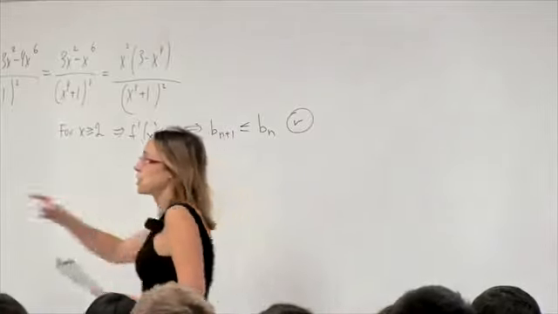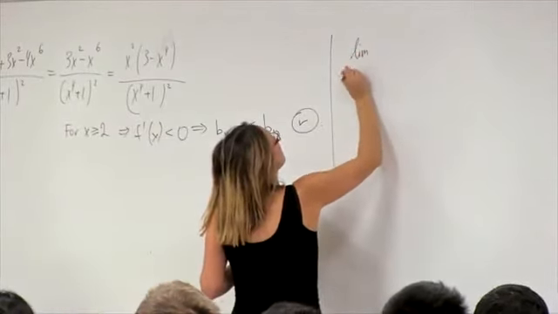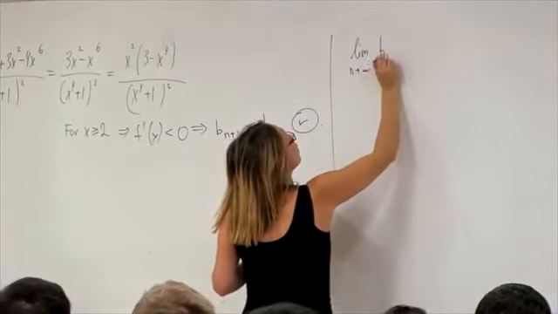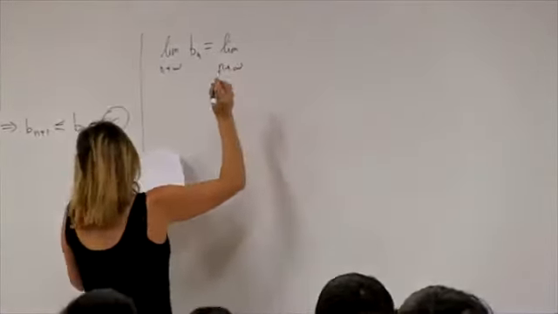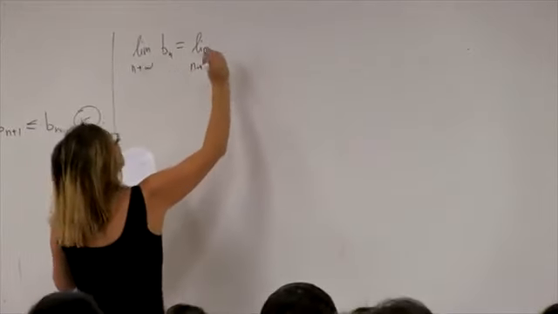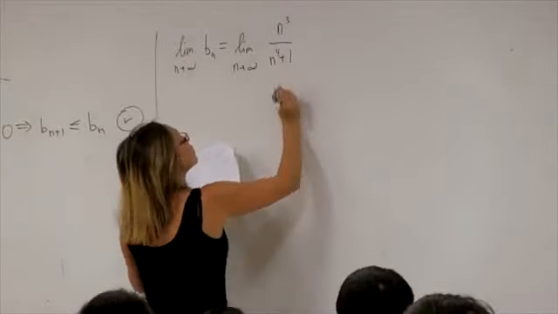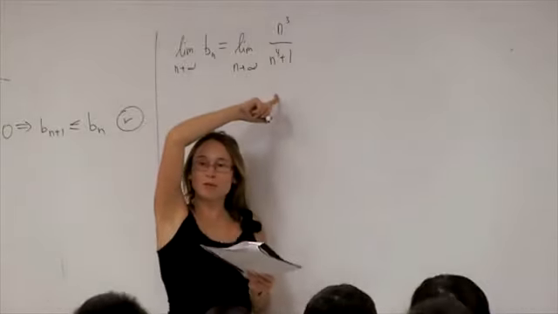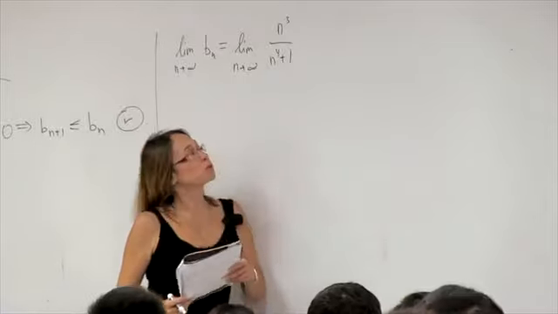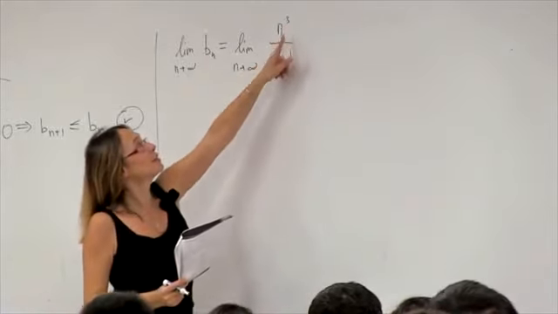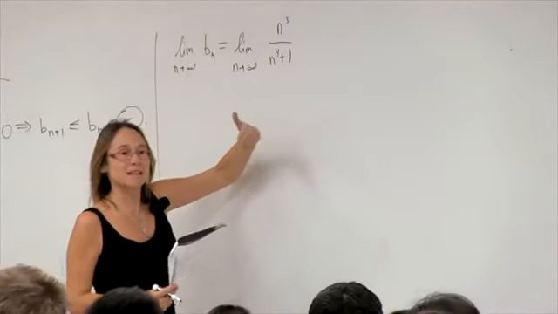Now, what was the second condition? The limit, right? I have to show that the limit, as n goes to infinity, of Bn is 0. So what's Bn? It's n cubed over n to the 4th plus 1. Can I do it without any further calculations? I have to look at the power of the numerator and the power of the denominator. The denominator is greater, so the limit is 0.